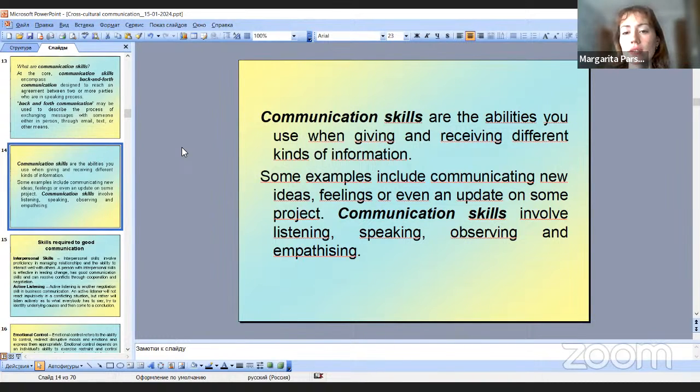So communication skills are abilities you must learn too. They are from your childhood. You're learning step by step, year by year, to communicate.